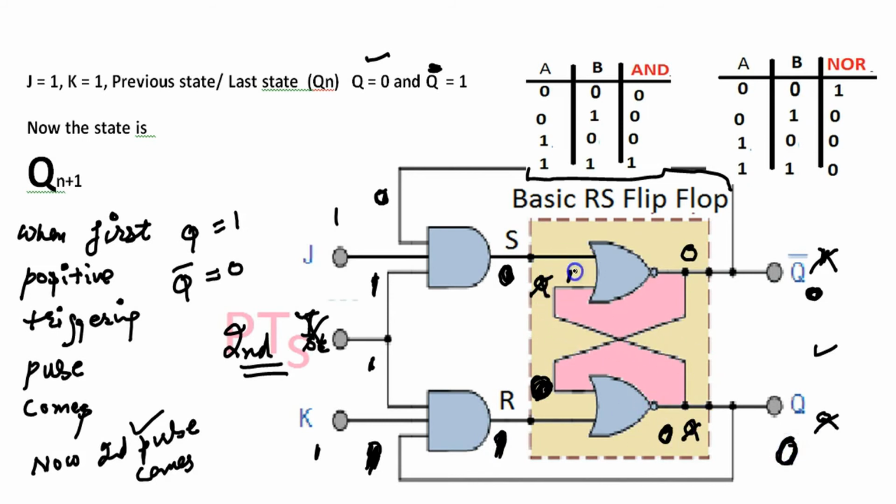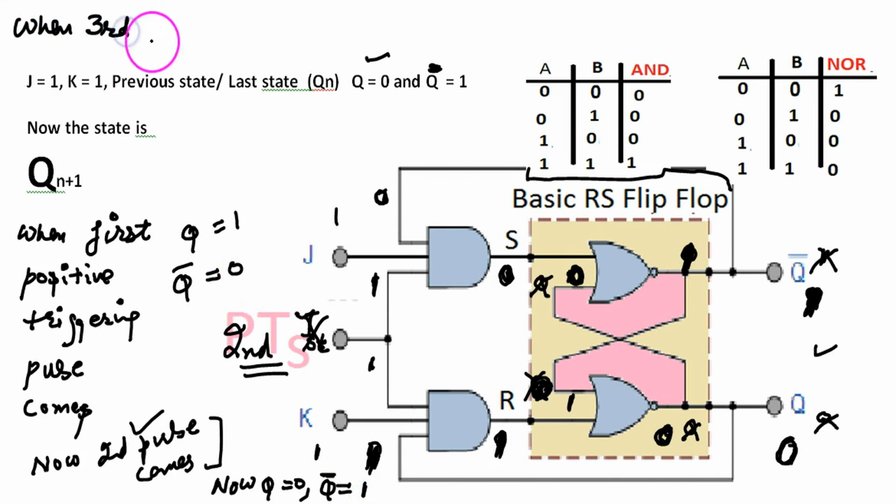This 0 comes here, 0, 0 is 1 comes here, so this is 1, the 1 comes here, 1, 1 is 0. So now there's again a stable state, 1, 0, it is again toggled. So when the second pulse comes, the state becomes stable but toggles, it alters again.